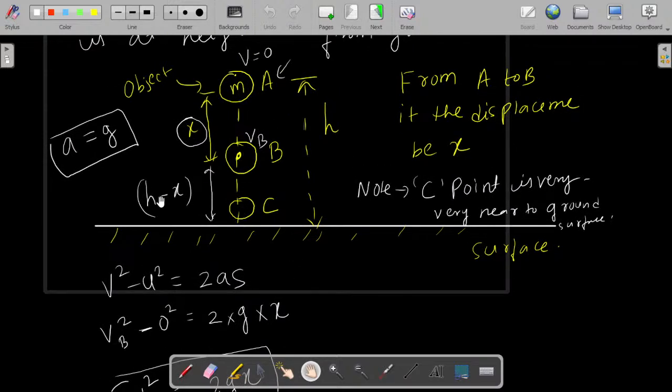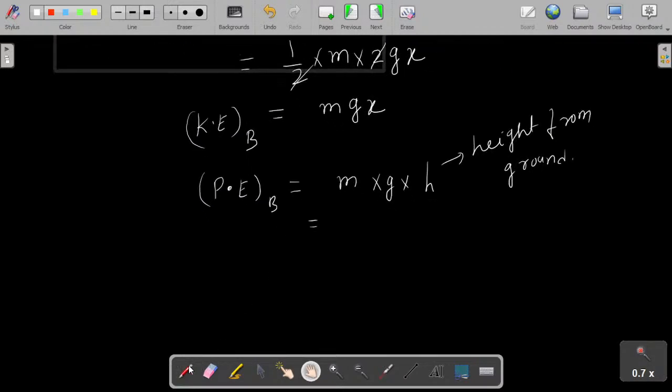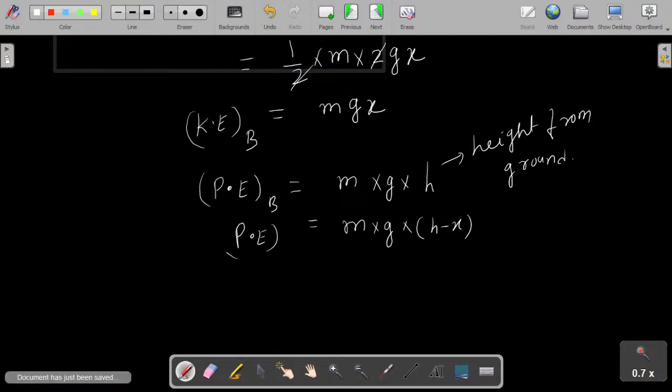It is h minus x. So you write here h minus x. So it will be mg(h minus x). This is the potential energy at point B.